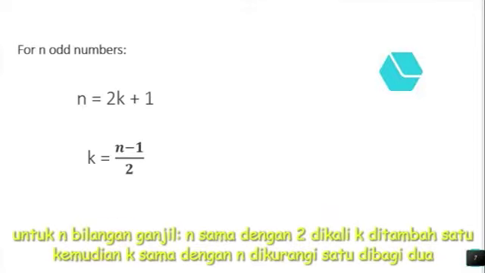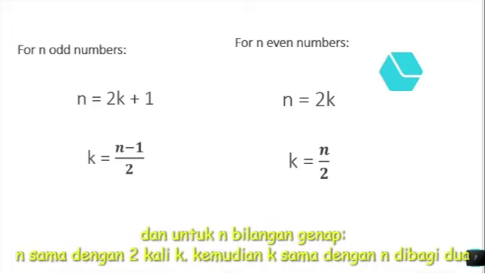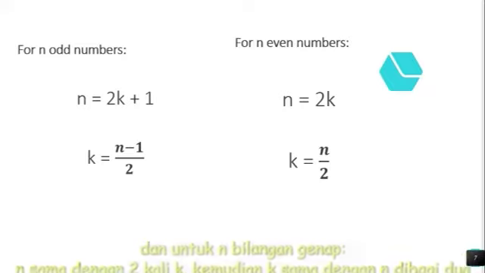For n odd, n equals 2k plus 1, and then k equals (n minus 1) divided by 2. For n even, n equals 2k, and then k equals n divided by 2.